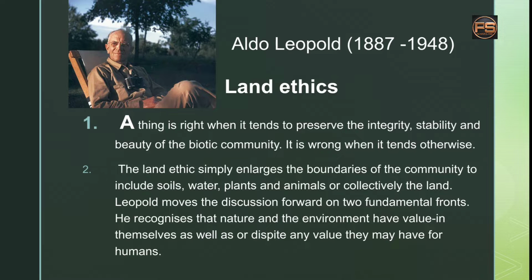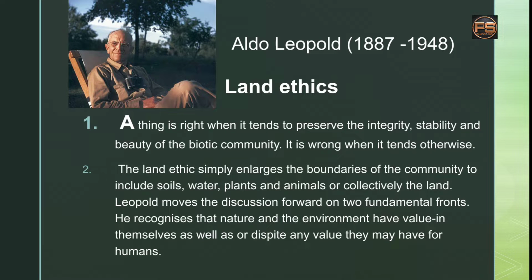His land ethic is founded on two principles. First, a thing is right when it tends to preserve the integrity, stability, and beauty of the biotic community. It is wrong when it tends otherwise.